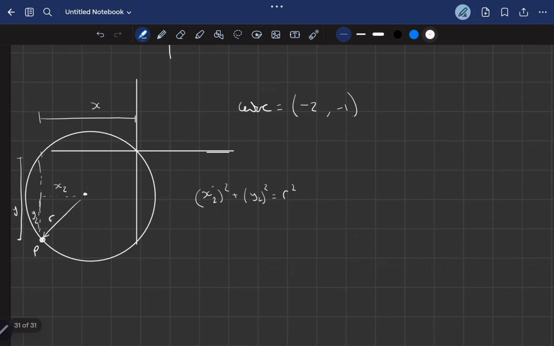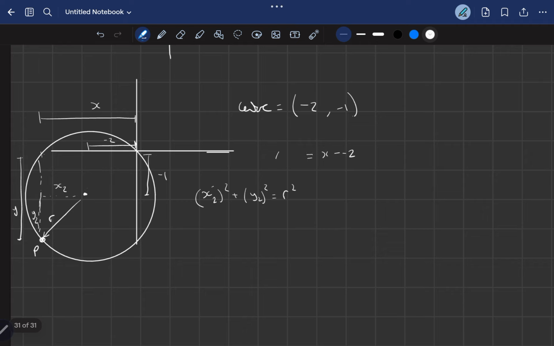Well, we know that this distance right here is negative 2, and this distance right here is negative 1. So, the distance over here is just going to be x minus negative 2, which is x plus 2.